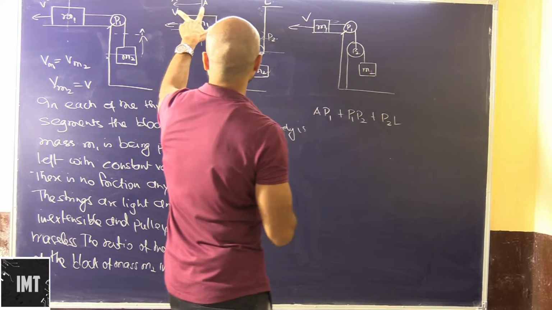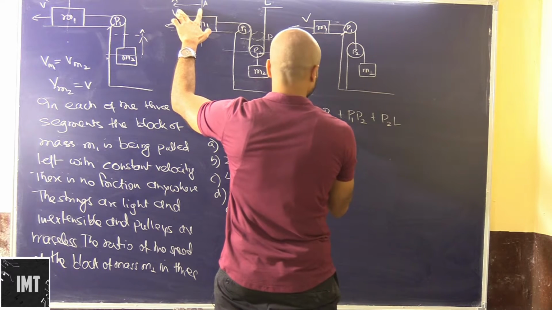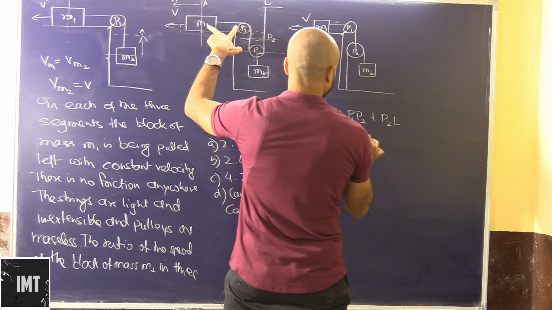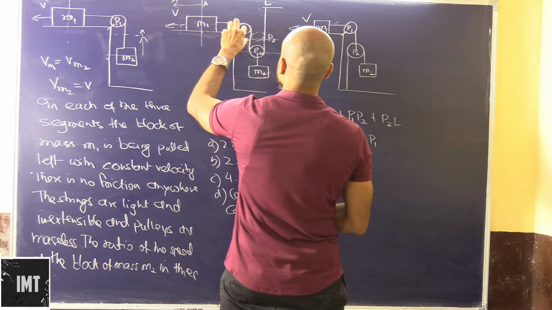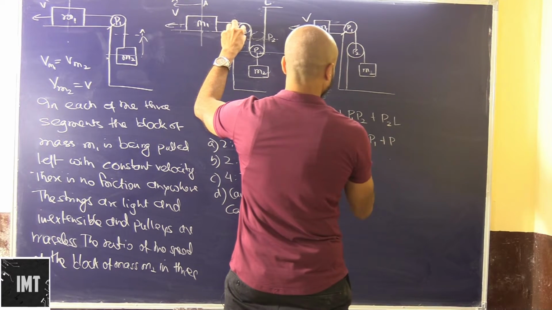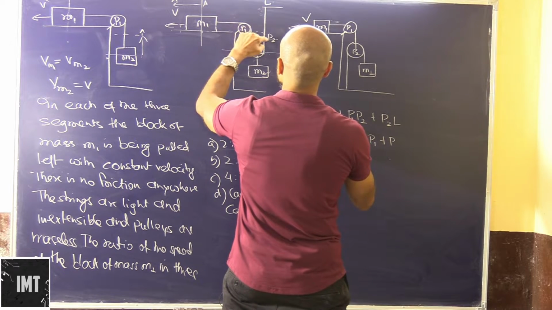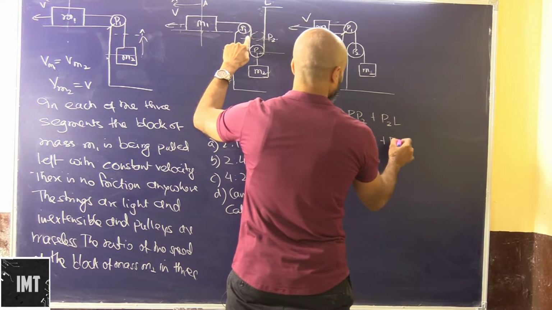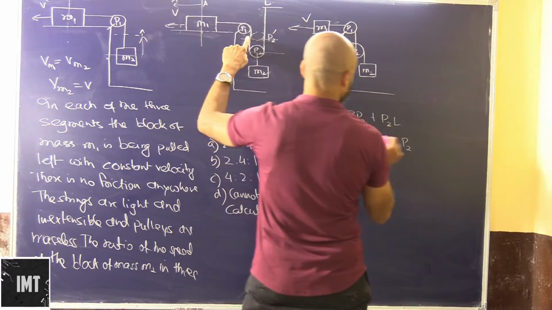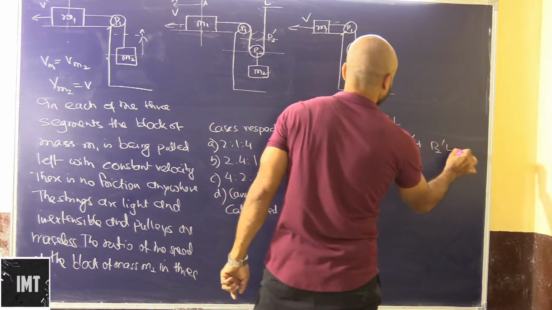The new length, with no change in the total length, is AA dash plus AP1 plus P1P2 dash plus P2 dash L.